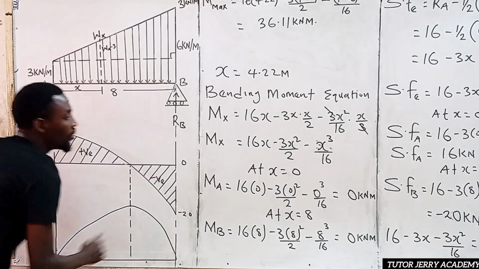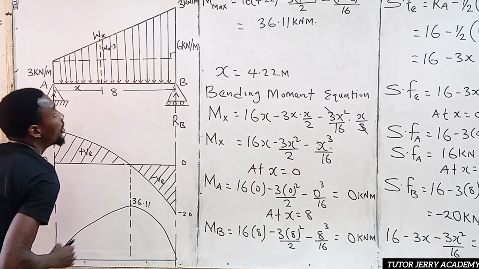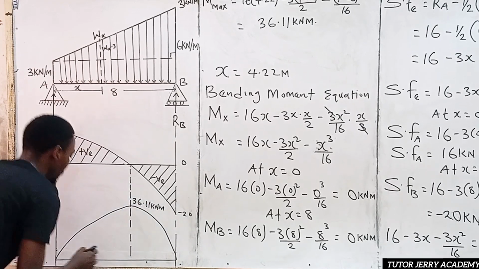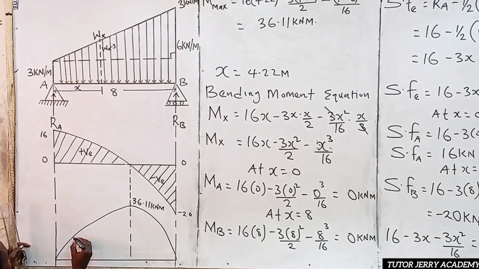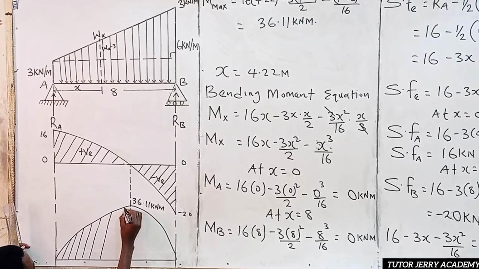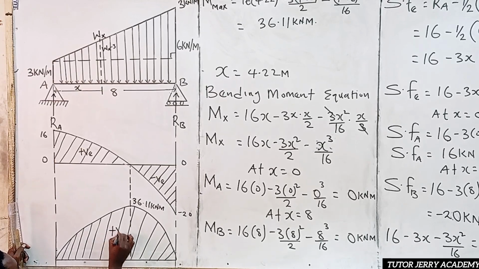All right. So here we have 36.11 kilonewton meter. So everything here is positive.